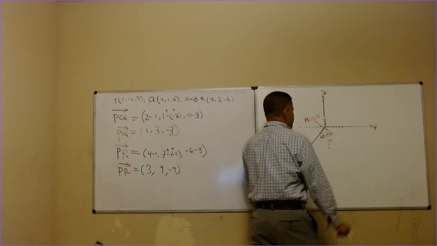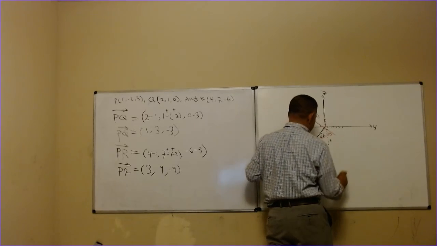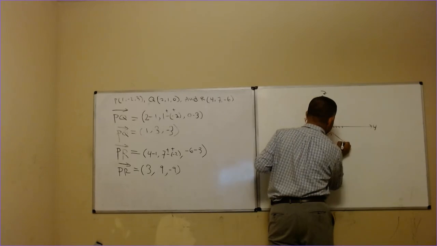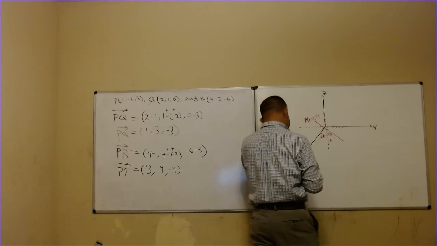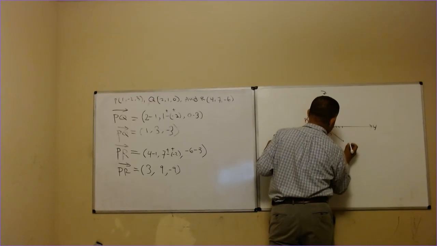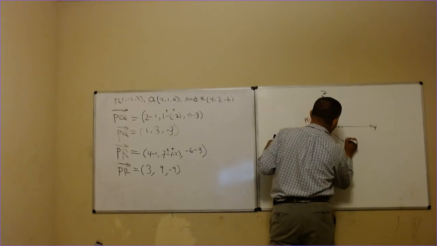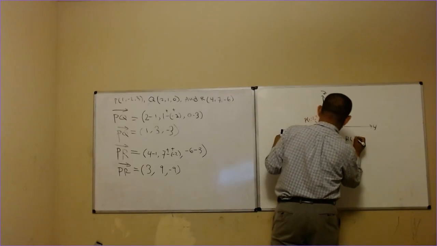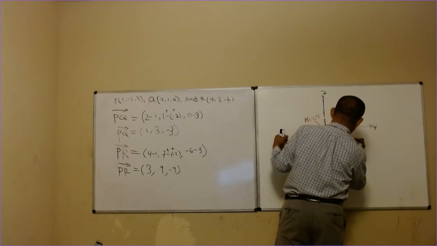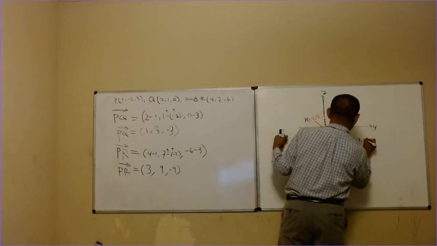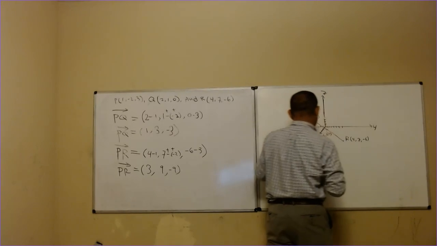And this will be my point right there. So if I connect that line, this point right here will be R. R is equal to (4, 7, negative 6).